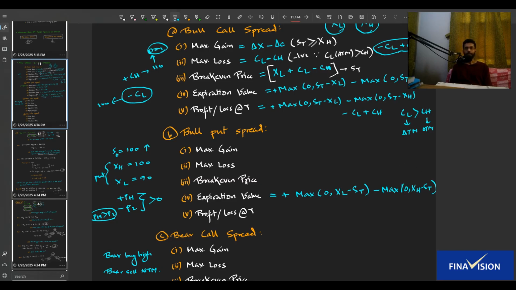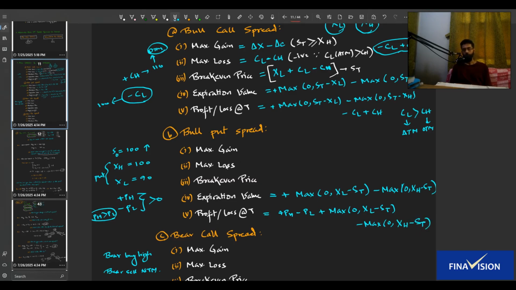And initially the cash inflow was plus PH minus PL. So profit and loss at expiry is given by plus PH minus PL plus max of 0 or XL minus ST minus max of 0 XH minus ST.